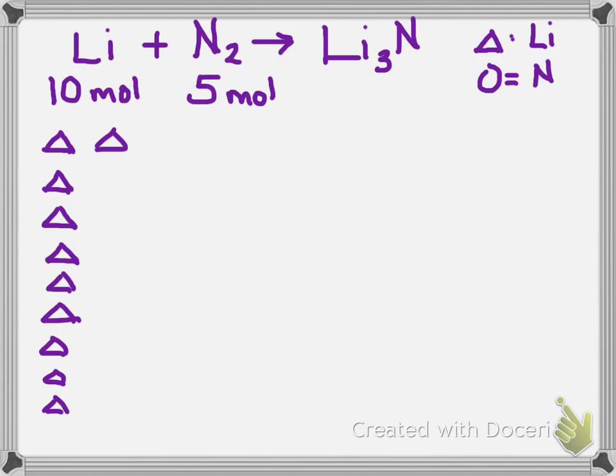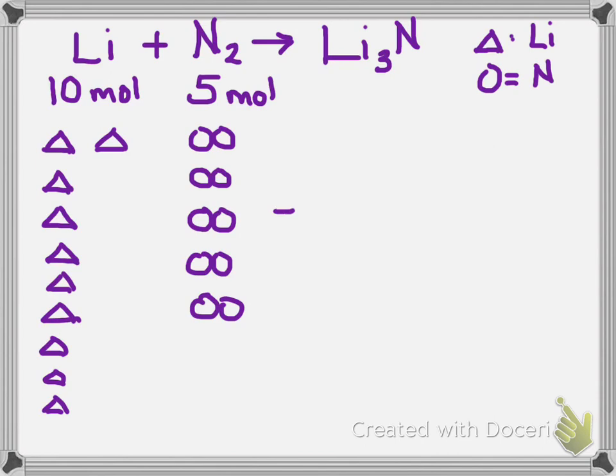The thing I have to remember is that since nitrogen is N2, it's one of those 7 diatomic elements, so each mole of this would be 2 circles that are connected, indicating that they are bonded together. Okay, so I've got a picture of 10 lithium and 5 N2s.